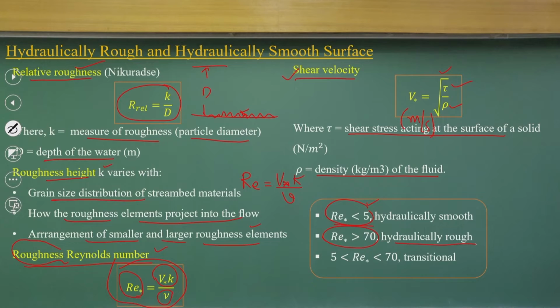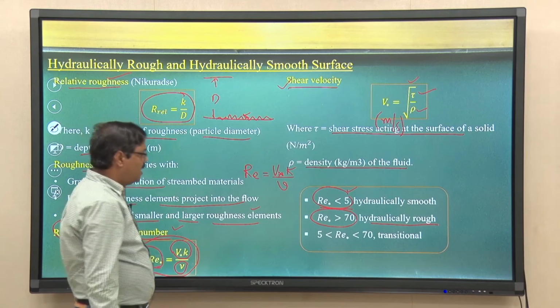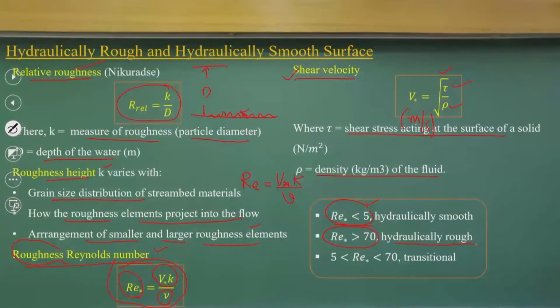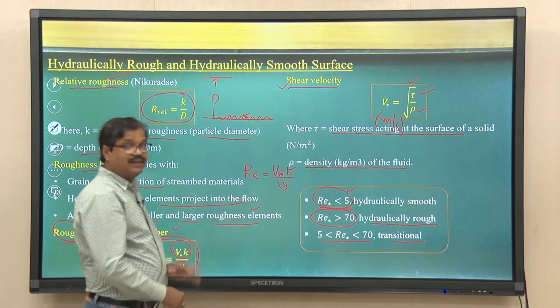That is what we so often have in river systems, because most of the time these conditions prevail, or we can have something in between. That is the range of roughness Reynolds numbers between 5 and 70.